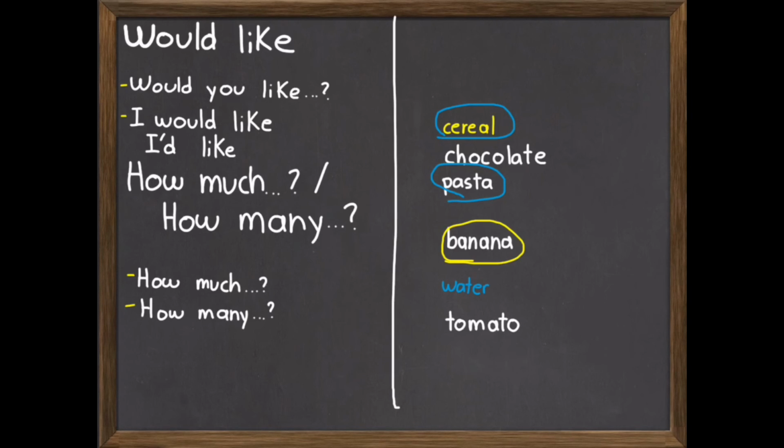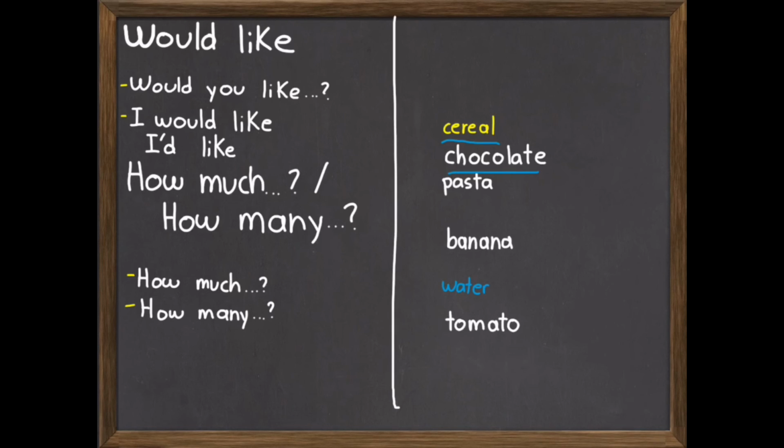How much and how many? Well, let's ask, for example, how much a person has eaten for each of these words. So for cereal, the correct question would be, how much cereal have you eaten? For chocolate, we can say, how much chocolate have you eaten?